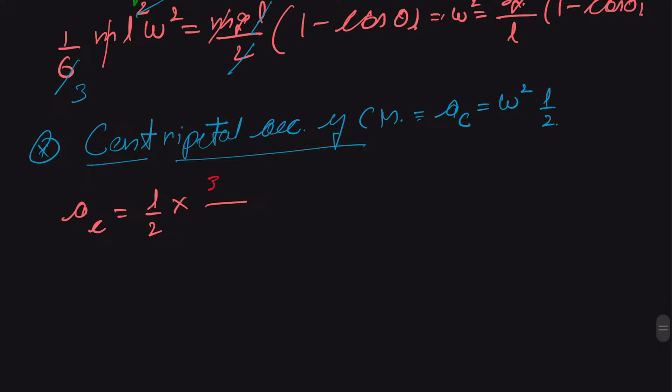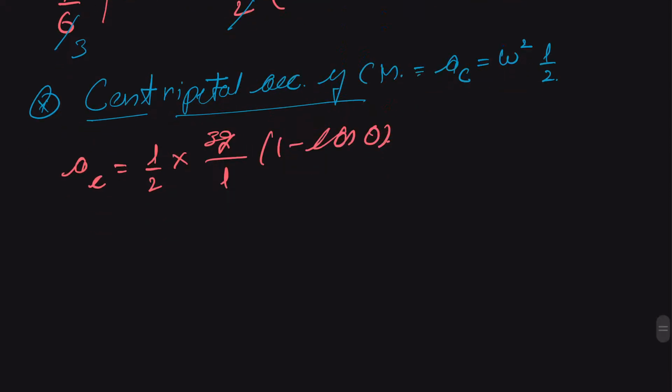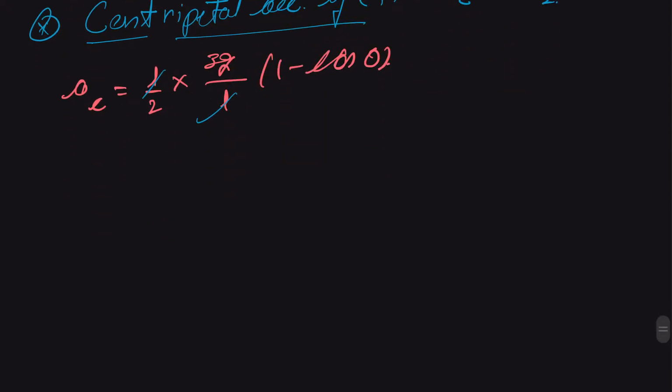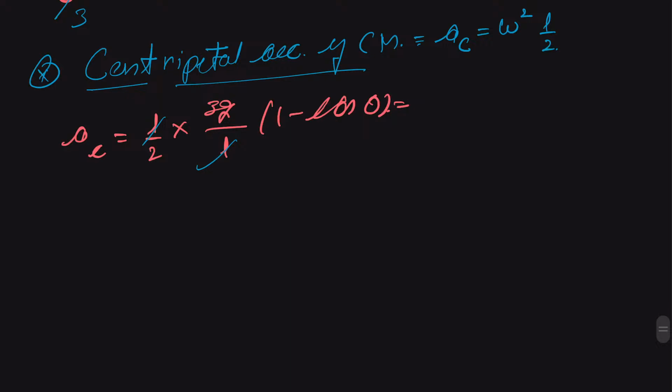3G upon L times 1 minus cos of theta, and here this L and L cancel out, so we get this as our 3 by 2 times G times 1 minus cos of theta.